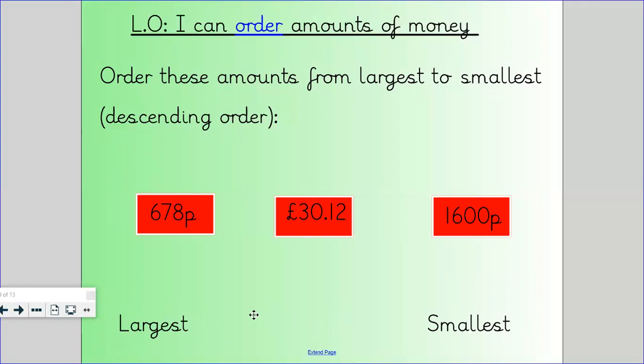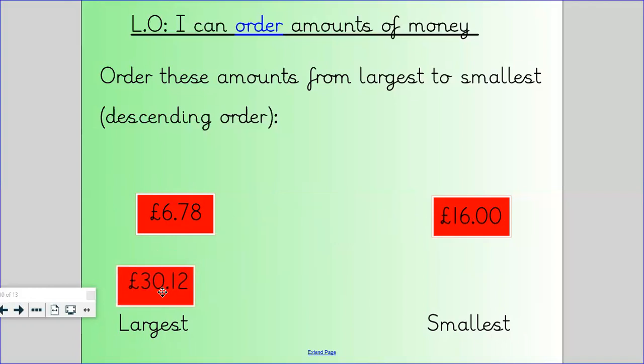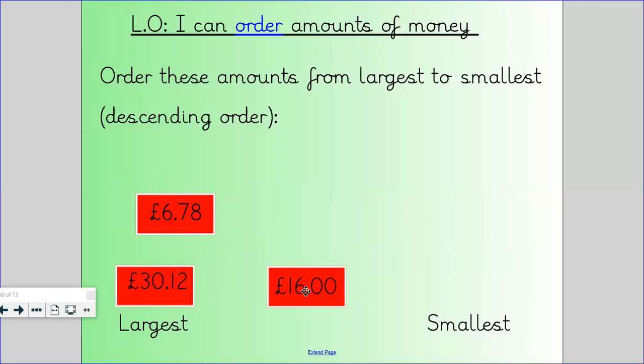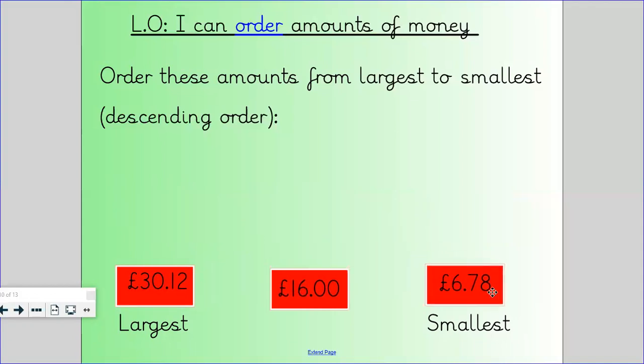So whether it's pounds or pence, it's your choice. I've done pounds again. Okay, so I'm looking for the largest amount of money. Well, ignoring the pennies, I can immediately see this is £6, this is £30, and this is £16. So £30 is clearly the largest, 16 the second largest, and £6 is the smallest.